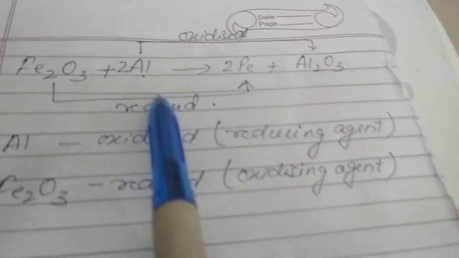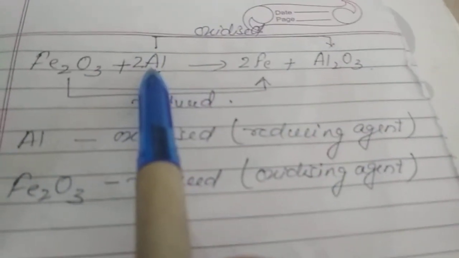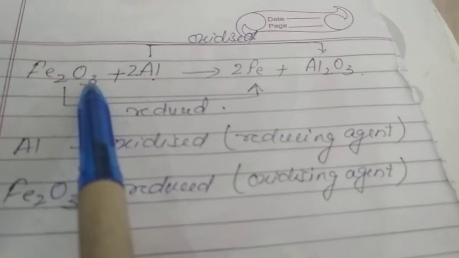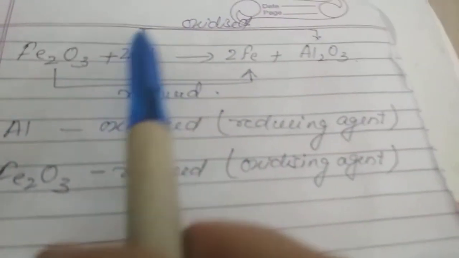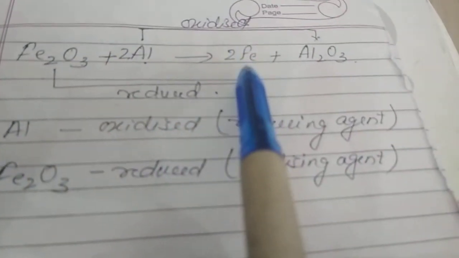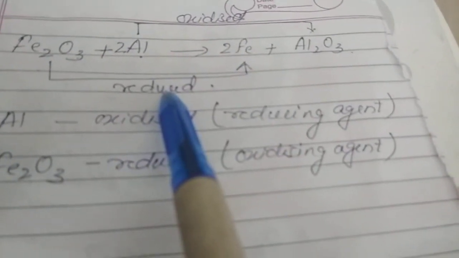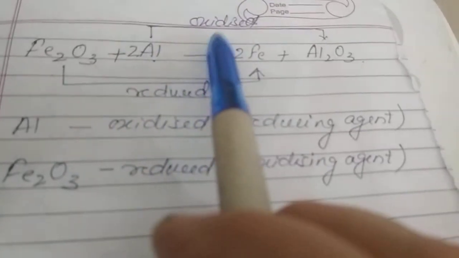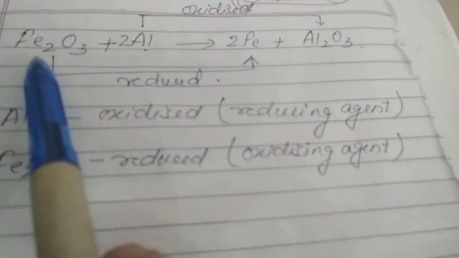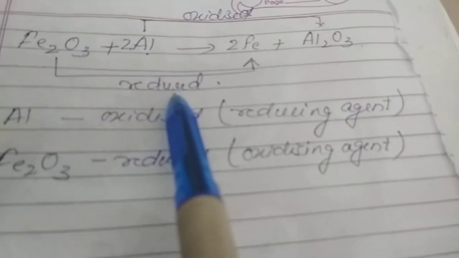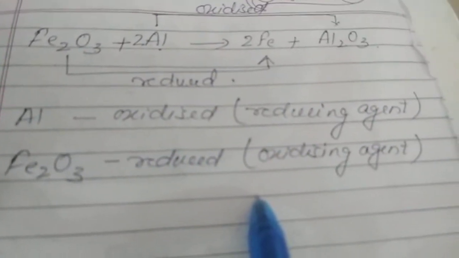Now here, how is the redox reaction taking place? Aluminium is taking this oxygen, so it is getting oxidized. Iron is giving out oxygen, so it becomes reduced. So aluminium, getting oxidized, acts as a reducing agent. Ferric oxide is reduced, acting as an oxidizing agent.